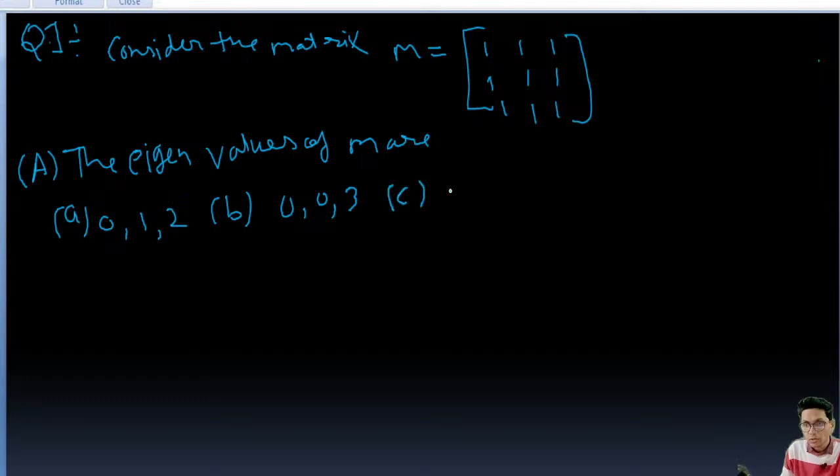Option C is 1, comma 1, comma 1. And option D is -1, 1, comma 3. So these are the options. Thank you, Priya. Okay, so I'm continuing now.